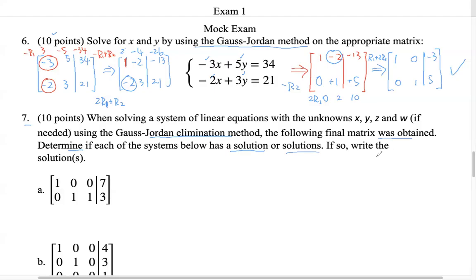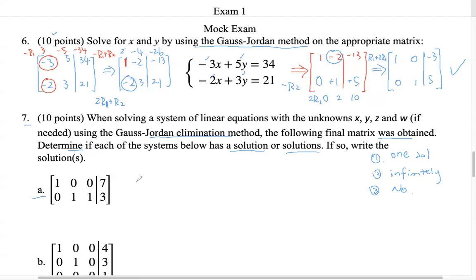Remember, for every system, 3 cases. 1 unique solution, or infinitely many solutions, or no solution, right? Only these three cases. So let's see the first one, A.